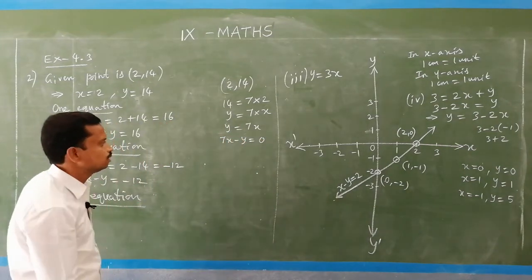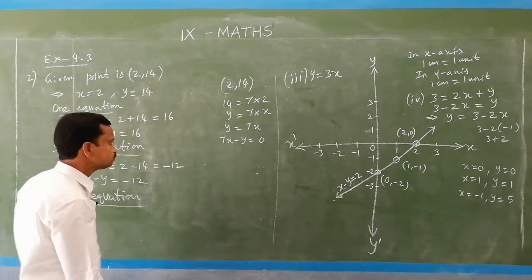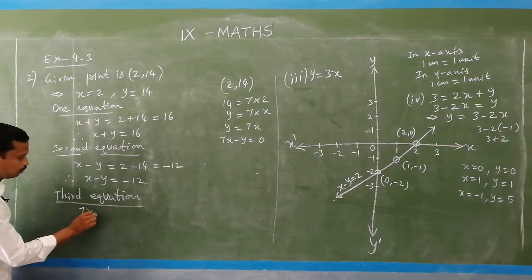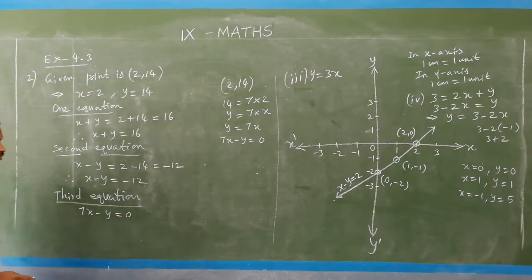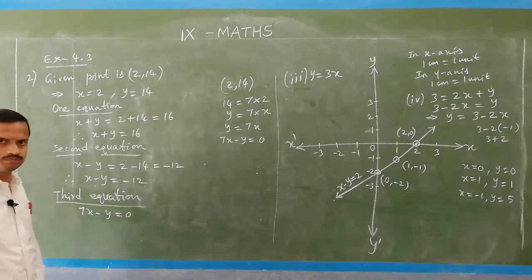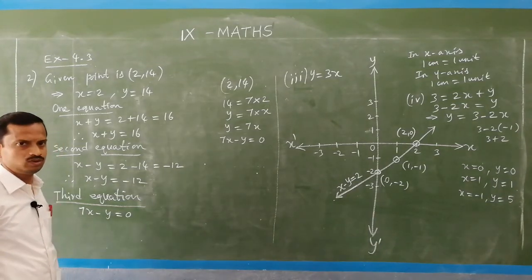You know how to find the line equation? So like that, 7x minus y equal to 0, this is the third equation. Like that we can find many line equations.